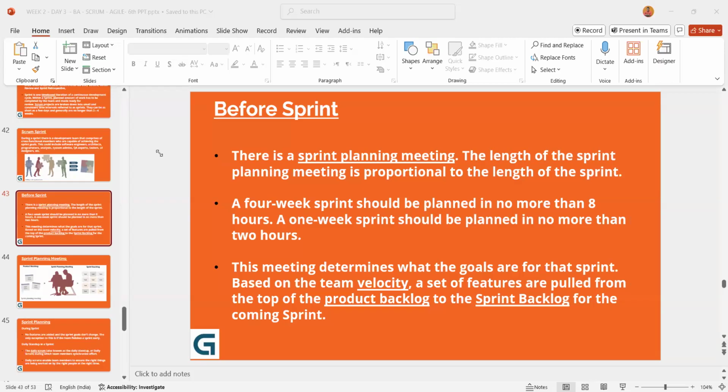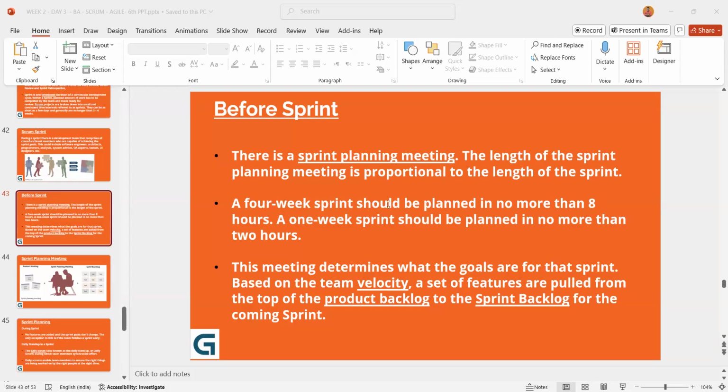Weeks. And whether it is 1, 2, 3, 4, whatever it is, the sprint planning meeting duration in hours would be double. So if it is 1 week of sprint, the sprint planning meeting will be how many hours? 2 hours, right?